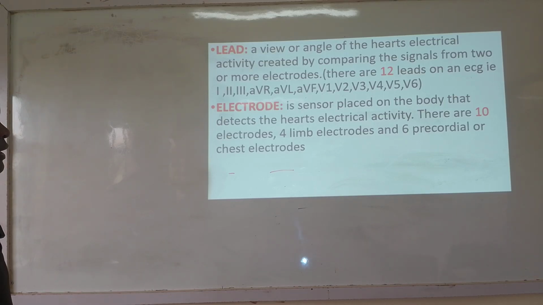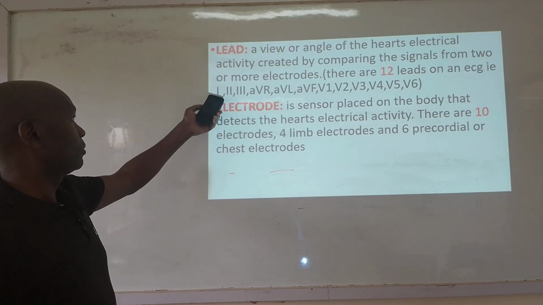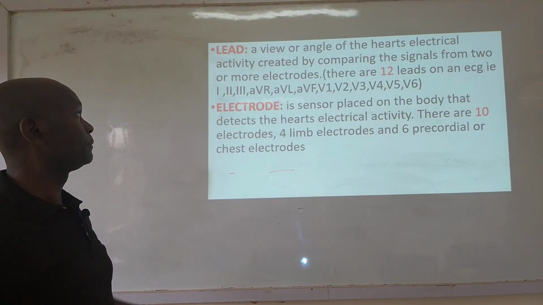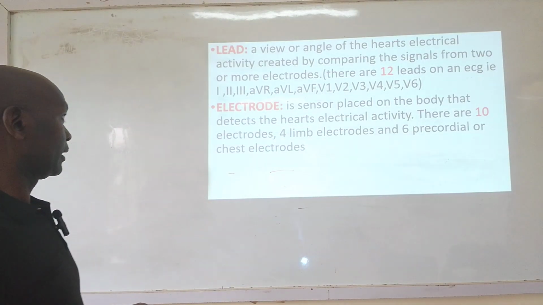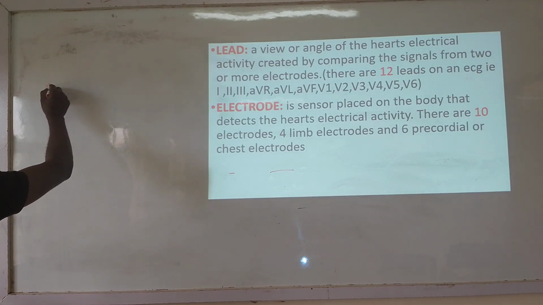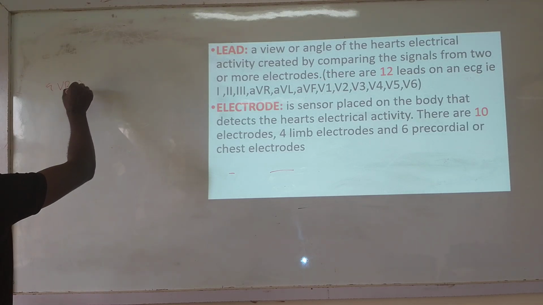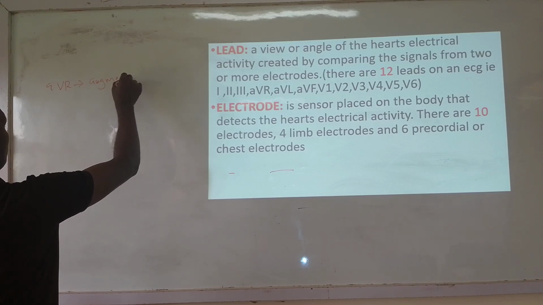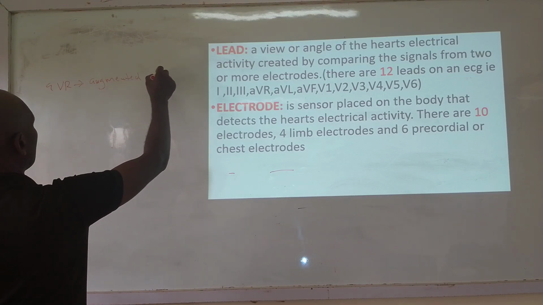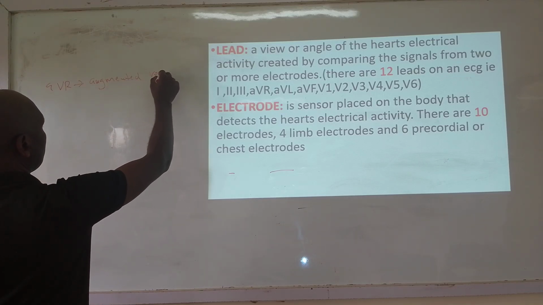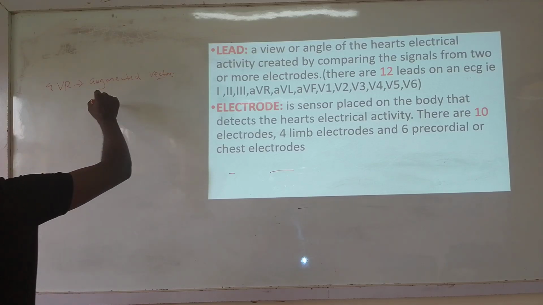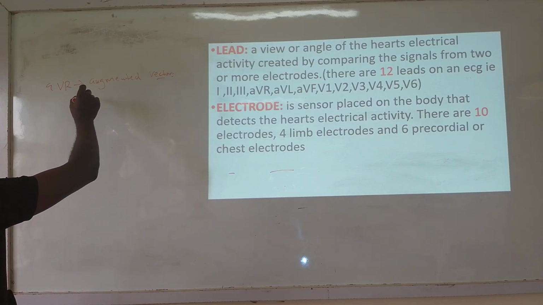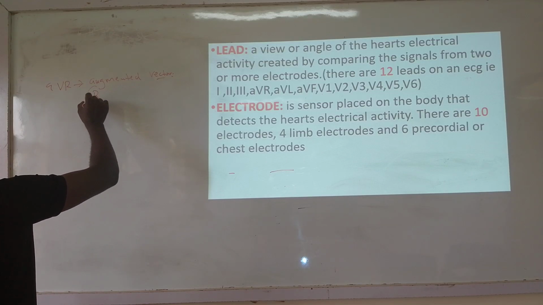There are 12 leads on an ECG, and that is 1, 2, 3, aVR. This means augmented vector. Sometimes they call it augmented voltage of the right arm.